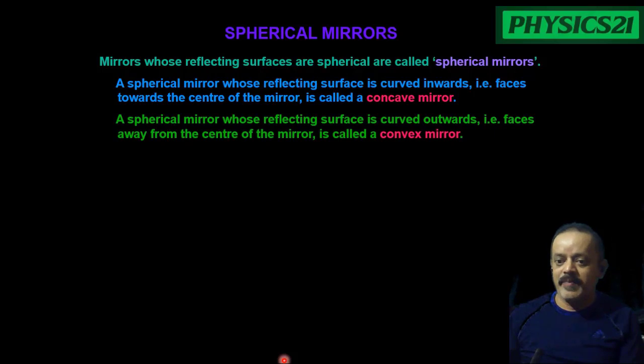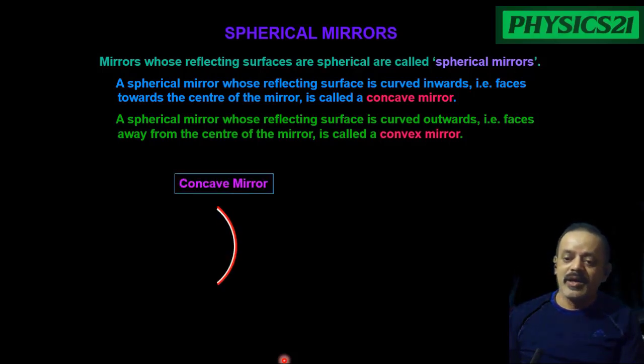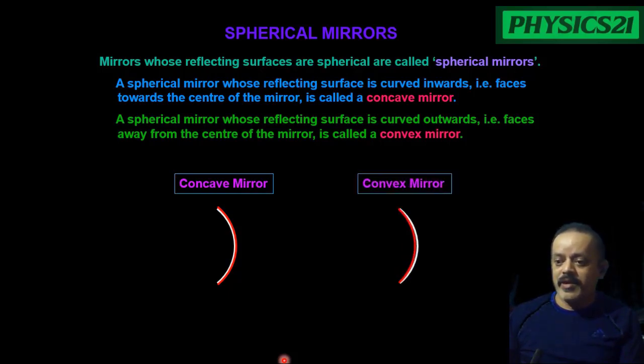On the other hand, a spherical mirror whose reflecting surface is curved outwards, that is, faces away from the center, is called a convex mirror. You can see this is a concave mirror and that one is a convex mirror.